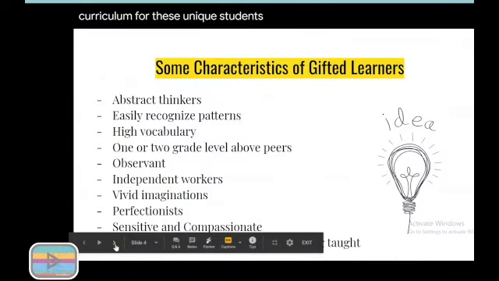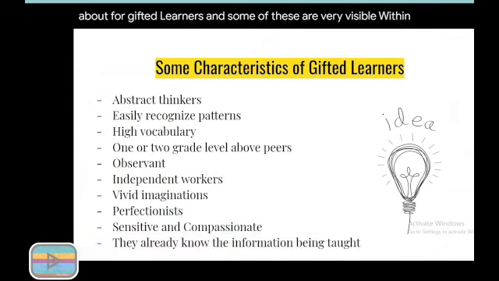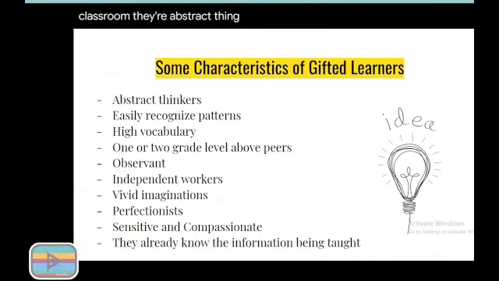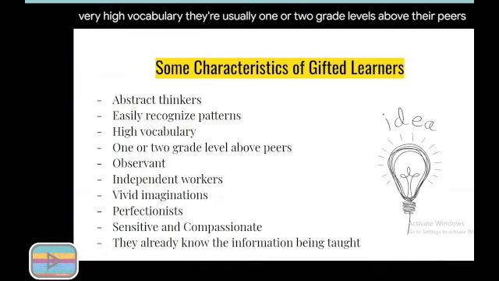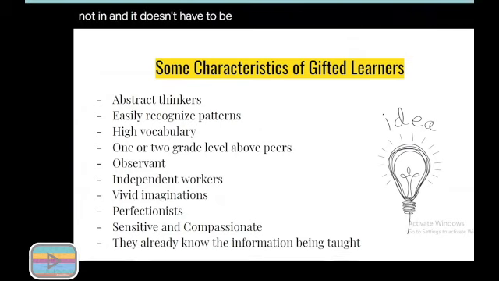So some of the characteristics to think about for gifted learners, and some of these are very visible within the classroom. They're abstract thinkers. They easily recognize patterns. They have a very high vocabulary. They're usually 1 or 2 grade levels above their peers, and it doesn't have to be in all areas.